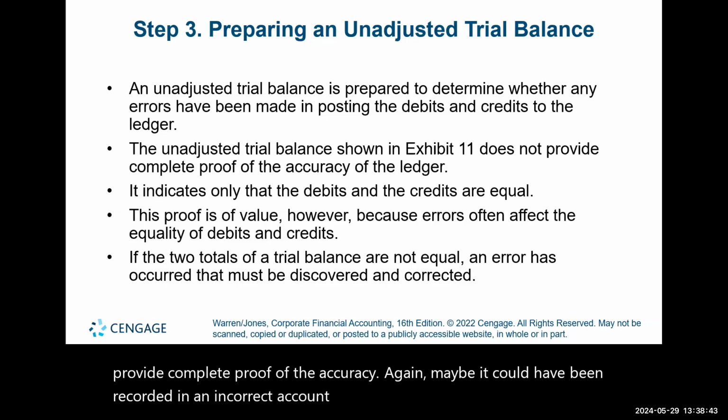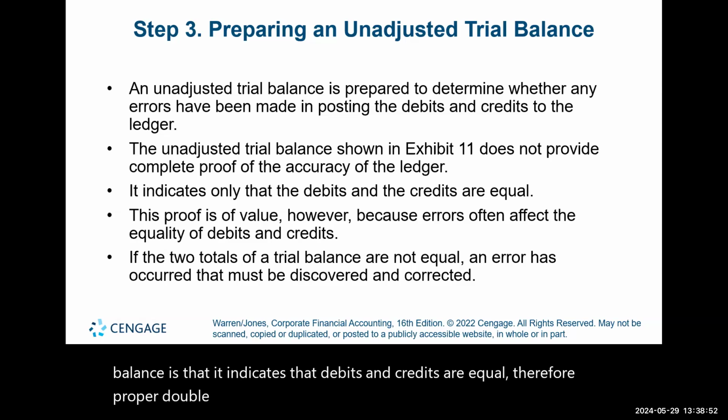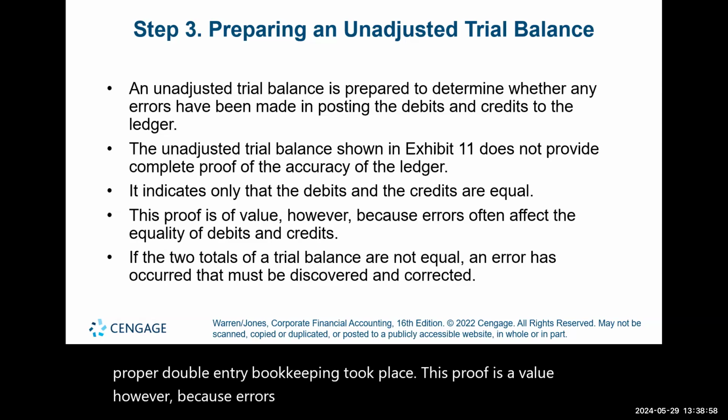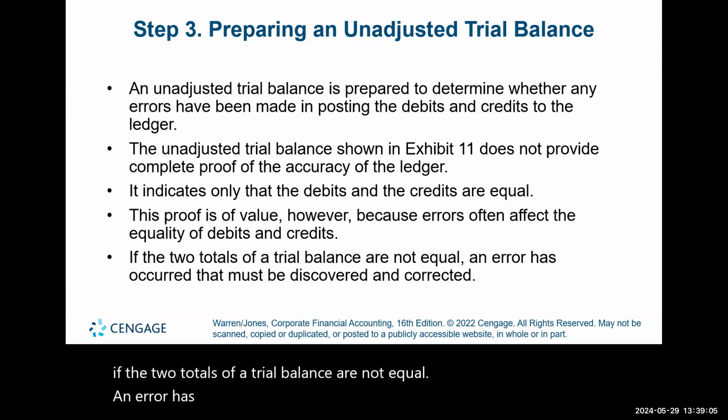The key thing with the unadjusted trial balance is that it indicates that debits and credits are equal, therefore, proper double entry bookkeeping took place. This proof is of value, however, because errors often affect the equality of debits and credits. So if the two totals of a trial balance are not equal, an error has occurred and it must be discovered and corrected.